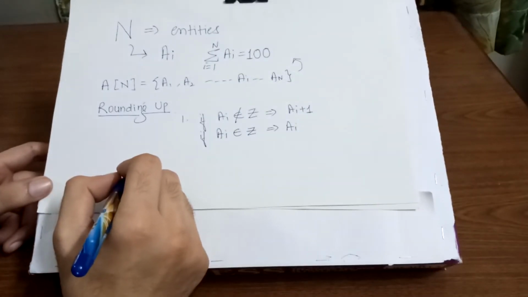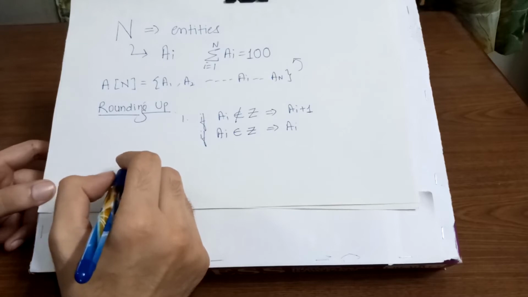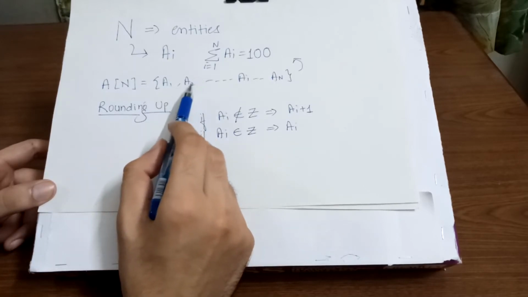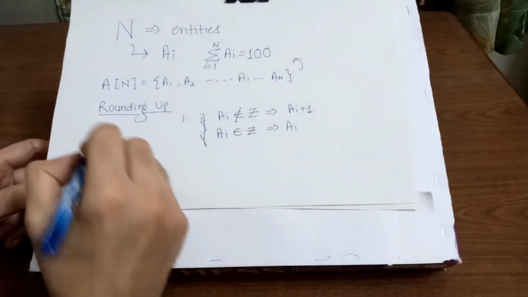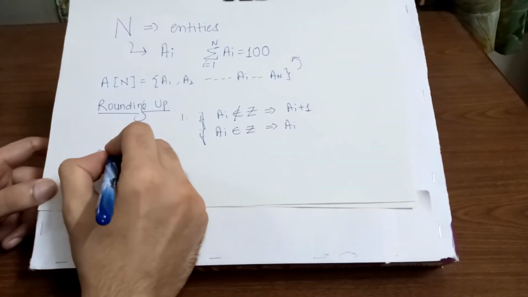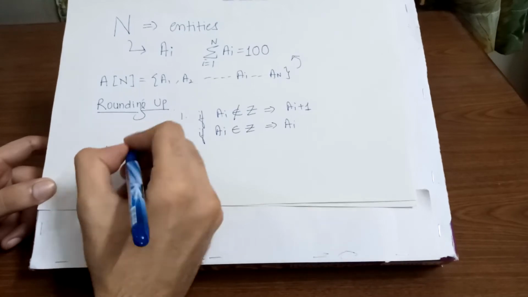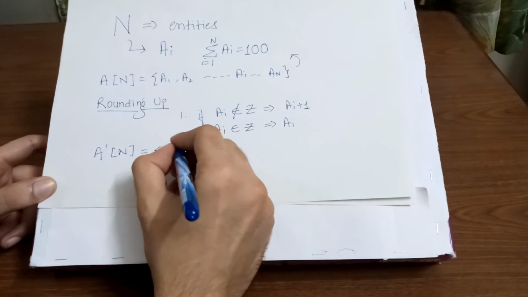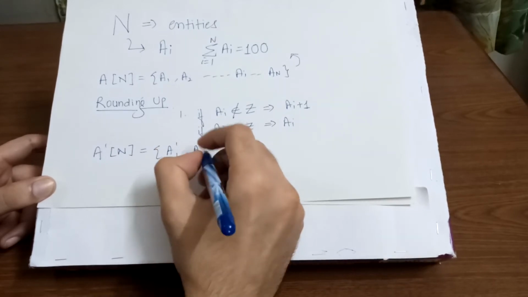So now with this information, supposing that we have integers as well as non-integers present in the array A, we can have a new array A dash with n elements, and with each of the element rounded up as required.